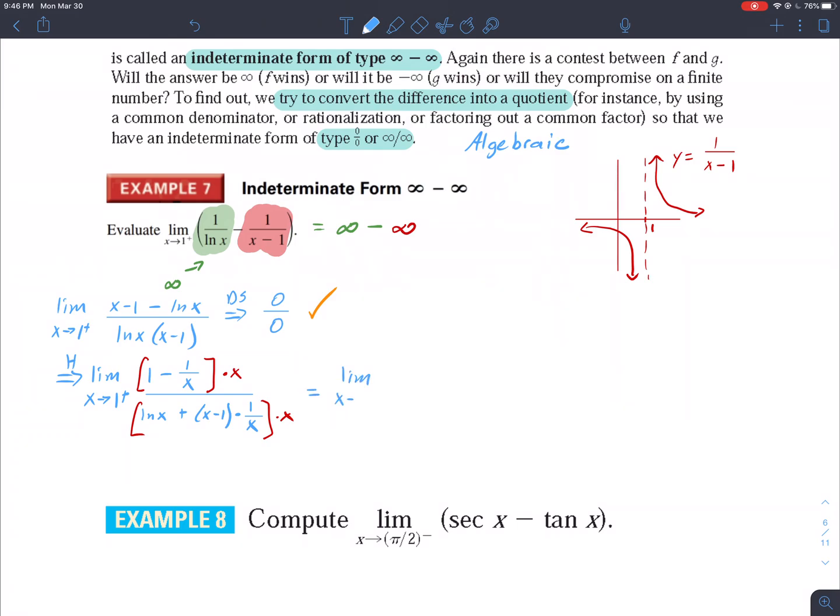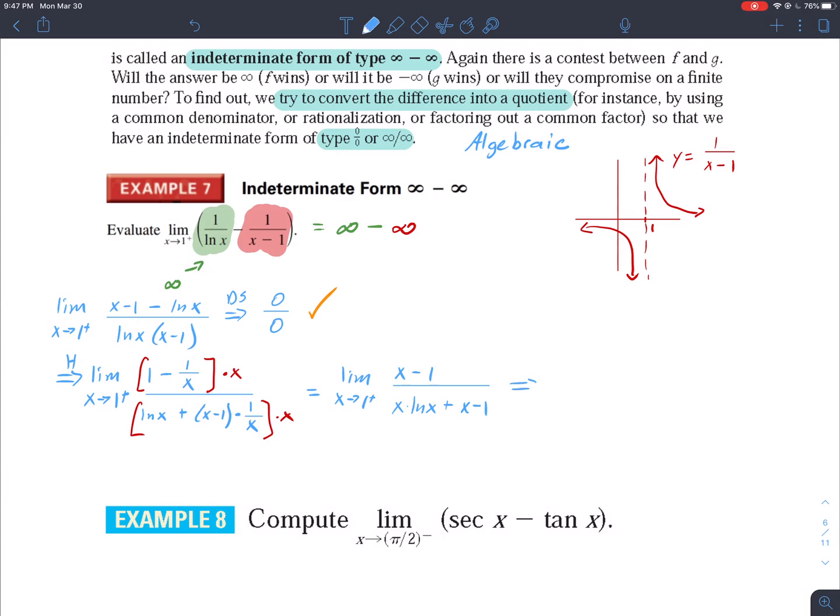So keep manipulating it algebraically, and I'll get x minus 1 on the top, and in the bottom, I get x ln of x plus x minus 1. This 1 over x and this x will cancel, but I still have to multiply the ln of x times x. So that's where this came in. ln of x times x gives me this, and then this expression here times x leaves me with just x minus 1. So it's getting a little cleaner.